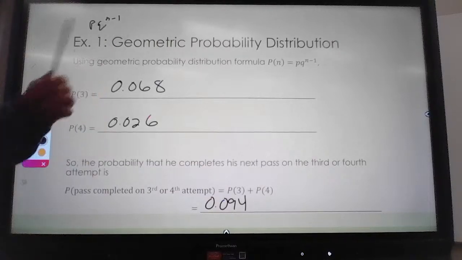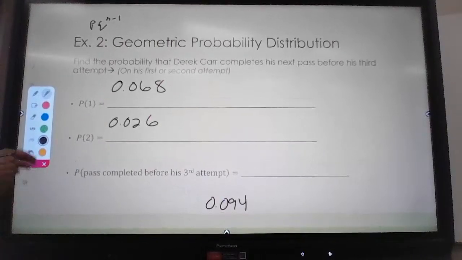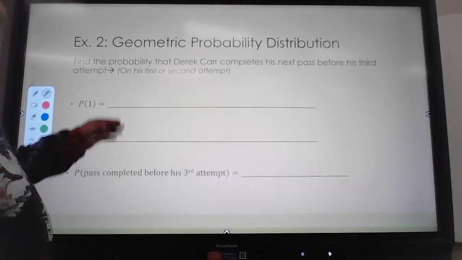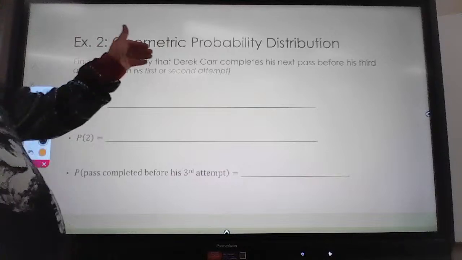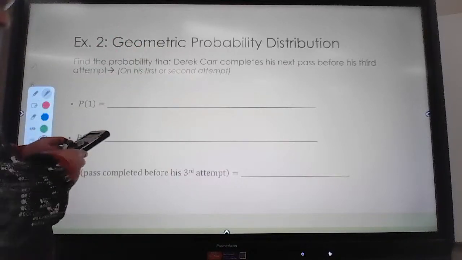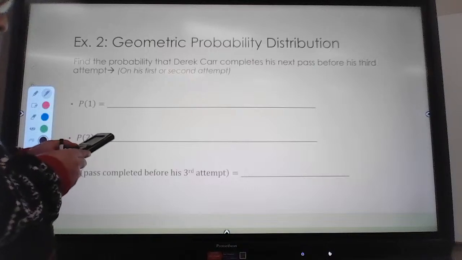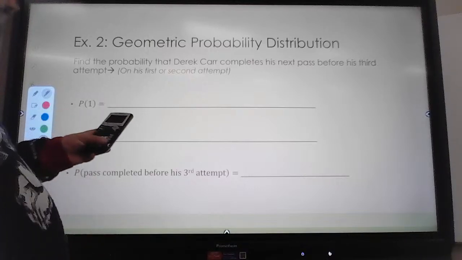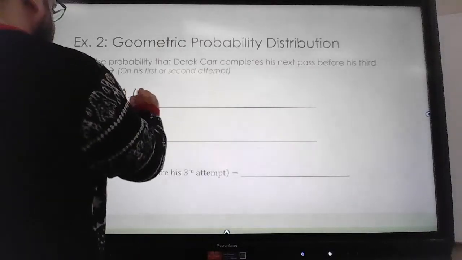So again, P times Q to the n minus 1. What's the probability that Derek Carr completes his next pass before his third attempt? Which, in other words, is before either his first or his second attempt. We're going to do the exact same thing that we just did, except we're going to change our values from 3 and 4 to 1 and 2. So when n is 1, I get a value of 0.684.